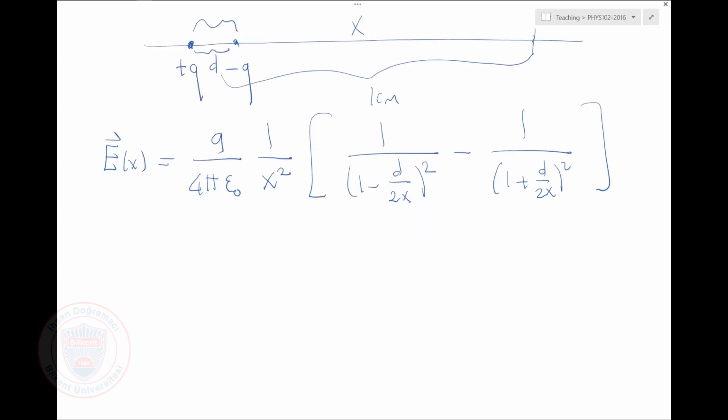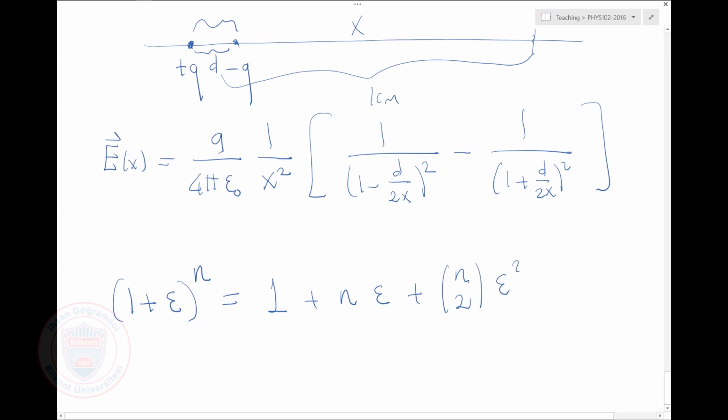Now comes the nice and magic part. Do you remember the binomial expansion formula? How it starts? It starts as 1 plus n times epsilon plus n choose 2 times epsilon squared. Right? It goes on like this.